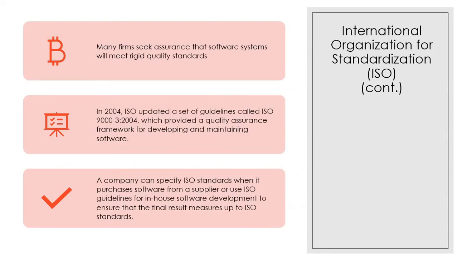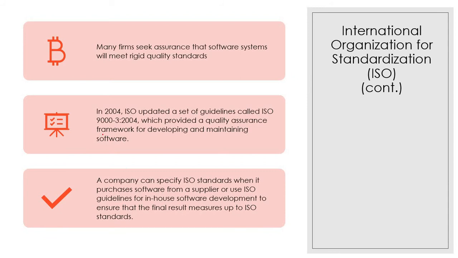In terms of software development, many firms seek assurance that software systems will meet rigid quality standards. In 2004, ISO updated a set of guidelines called ISO 9000-3-2004, which provided a quality assurance framework for developing and maintaining software.